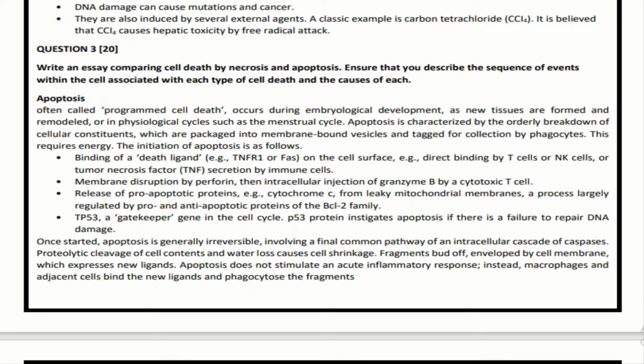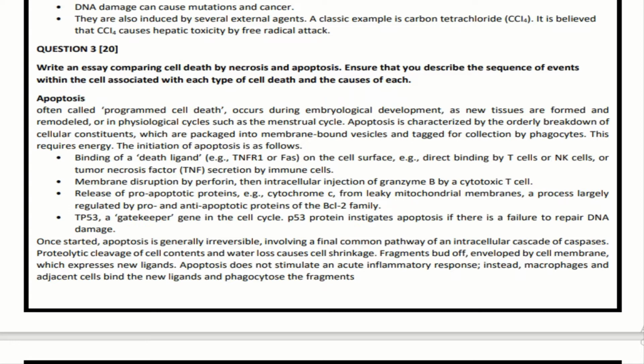Number 1, binding of a death ligand on the cell surface, for example, direct binding by T cells or NK cells, or tumor necrosis factor secretion by immune cells. Then membrane disruption by perforin, then intracellular injection of granzyme B by cytotoxic T cells, and release of the pro-apoptotic protein cytochrome C from the leaky mitochondrial membrane, a process largely regulated by the pro- and anti-apoptotic proteins of the BCL2 family.